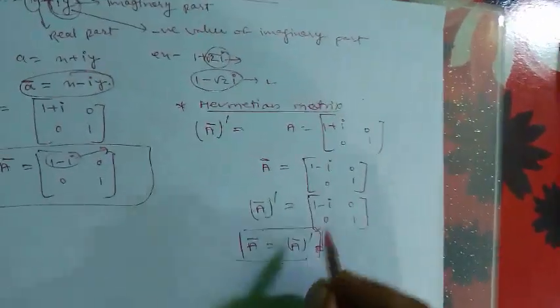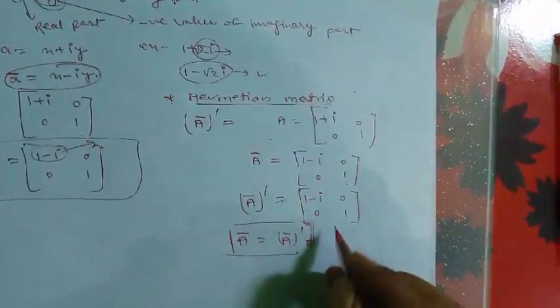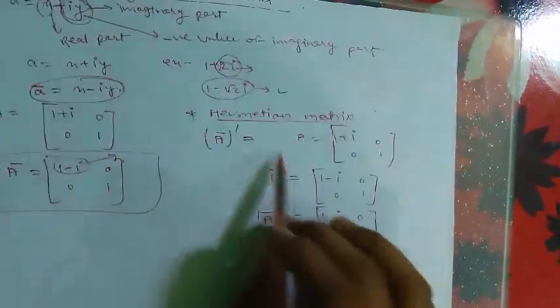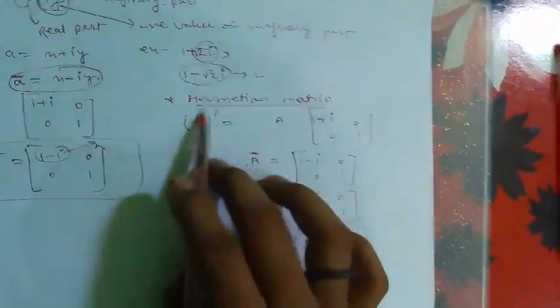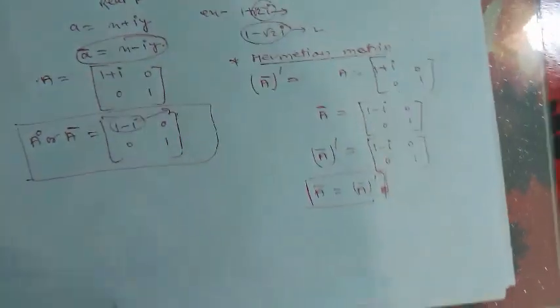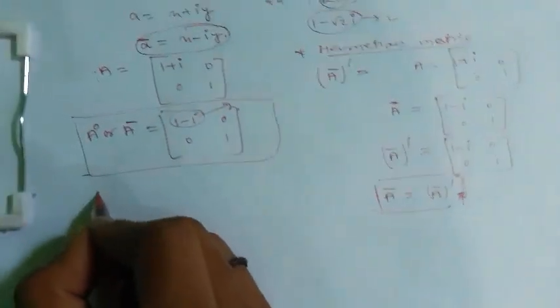Okay, so this is called a Hermitian matrix. When we take the transpose of the conjugate of a matrix, that is called the Hermitian matrix. This is the concept.